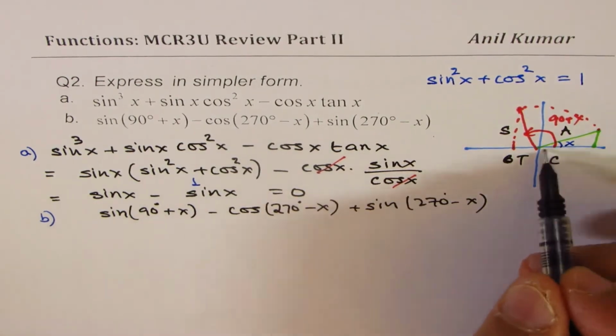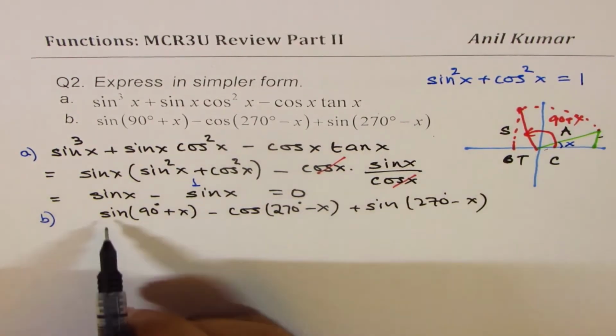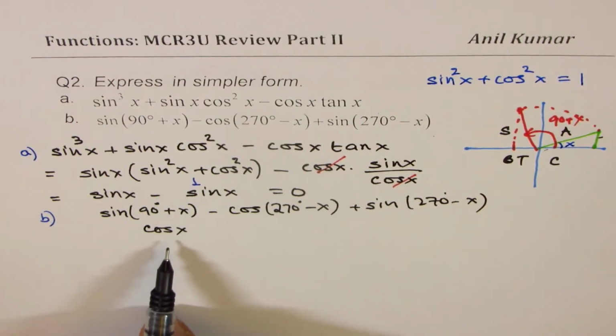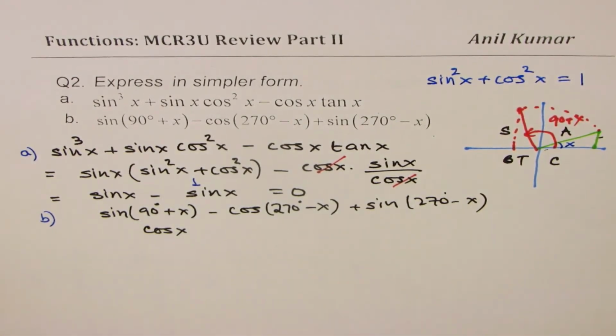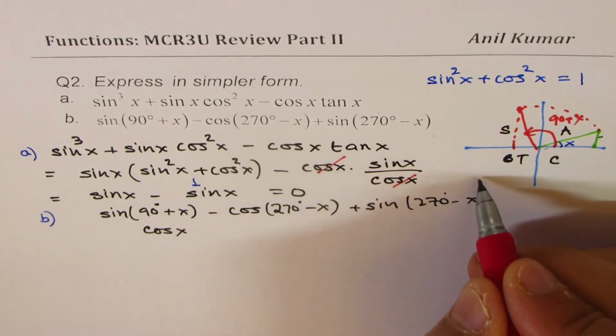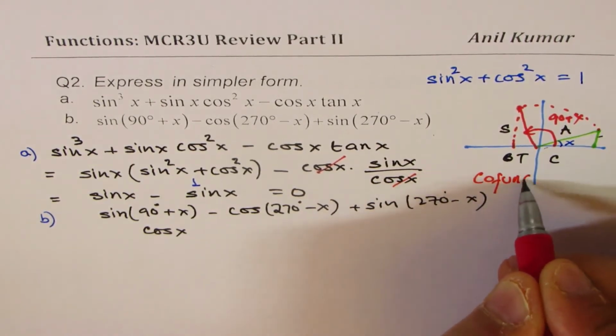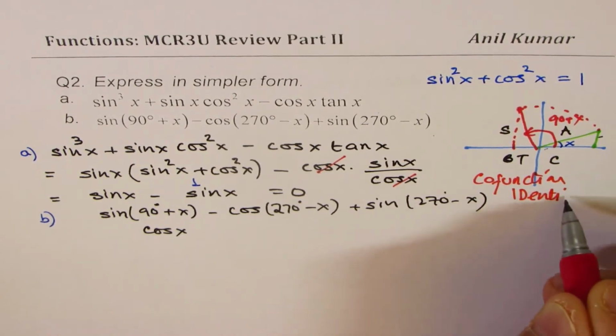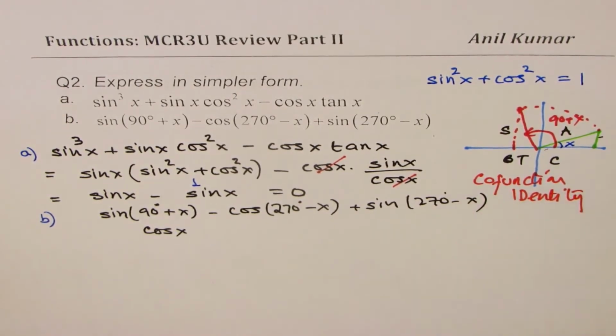However, the triangle sides have interchanged, so sine becomes cosine. So this could be written as cos x. Do you understand this? So now what we are also talking about is co-function identity. Some of you might like to review co-function identity at this stage. It is a very important topic.